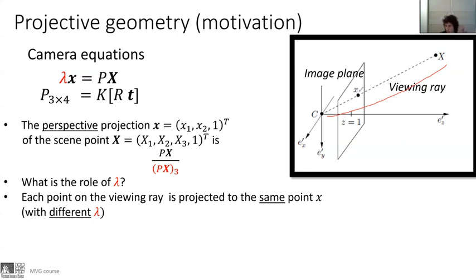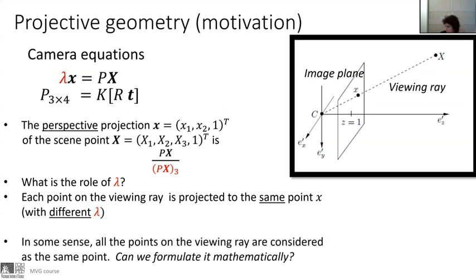Actually, I'll get the same projection for all the points on this viewing ray, here and here and here, right? But the lambda, the scalar in front of the projection, will be different. Do you agree? Is it clear?